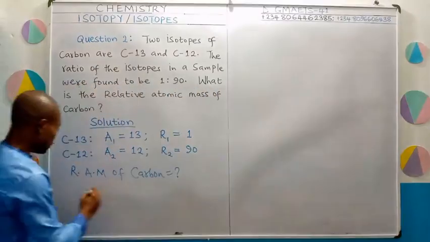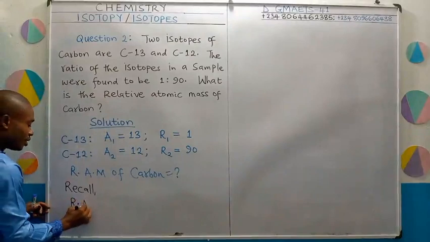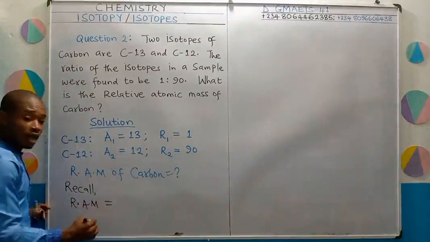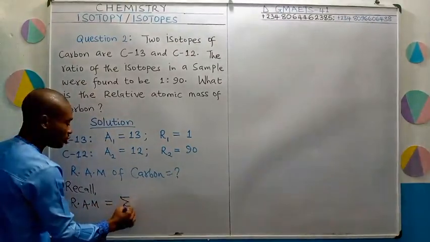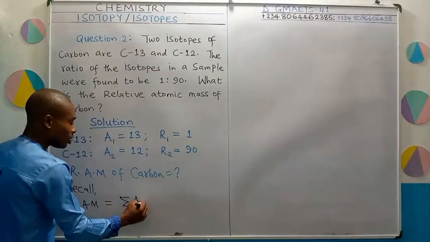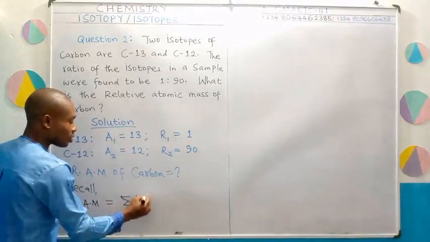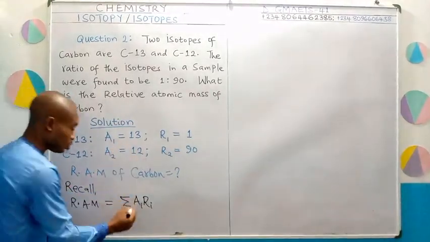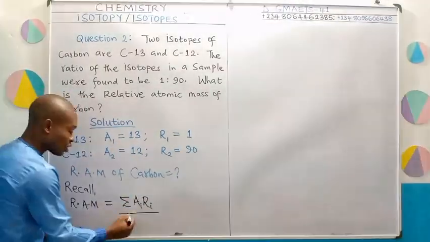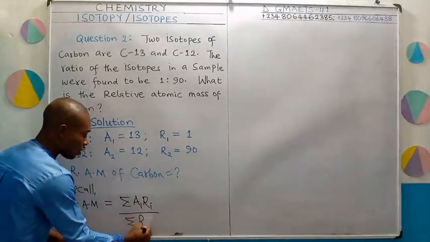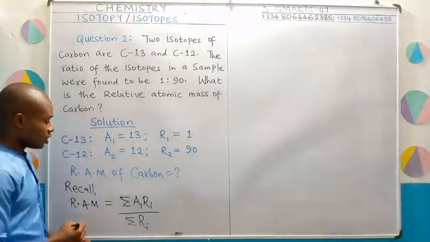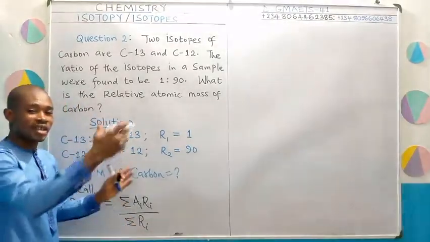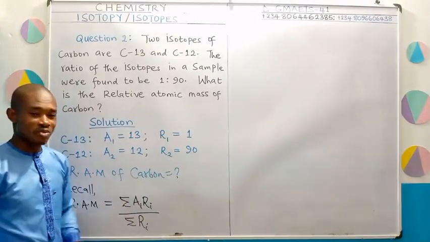We're going to recall RAM of any element is equal to the summation of the mass number of a particular isotope times the ratio of that isotope, because this problem is given to us in terms of ratio. We're going to divide it by the sum, that is the addition of all the ratios. You see, I've decided not to put i equal to this and that. I commit no crime. So let us move on.